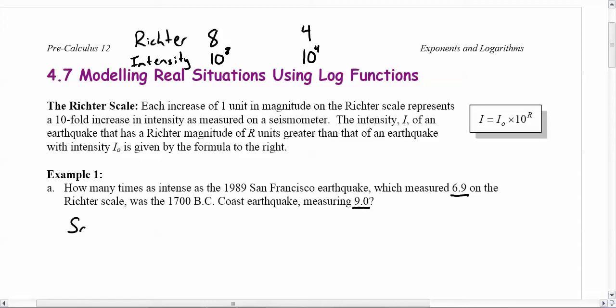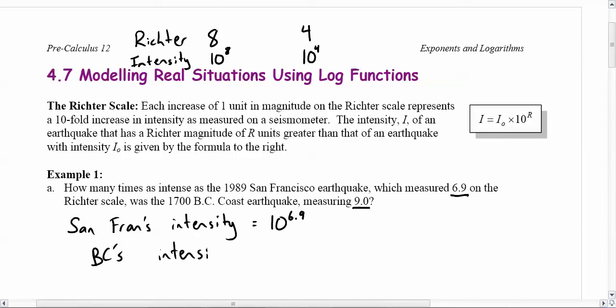So let's calculate San Fran's intensity: 10 to the power of 6.9. And BC's intensity is 10 to the power of 9.